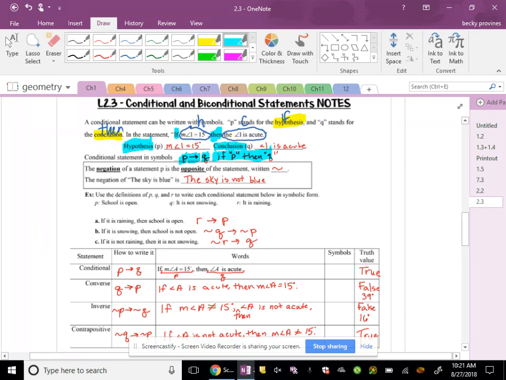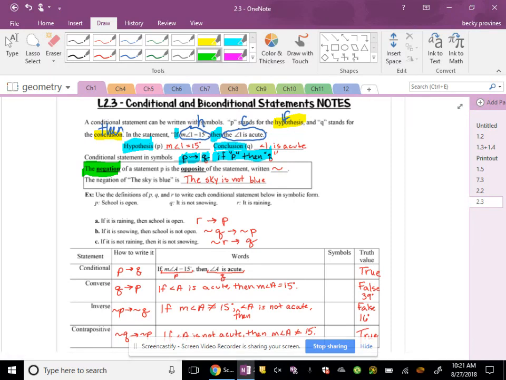So we're often going to see this now in symbolic form. We're going to use the letters. The letters will help us because now we're going to start switching the letters up, and you'll see what I mean in just a second. Now we need to talk about a negation. A negation is the opposite of something. Now you have to be careful.